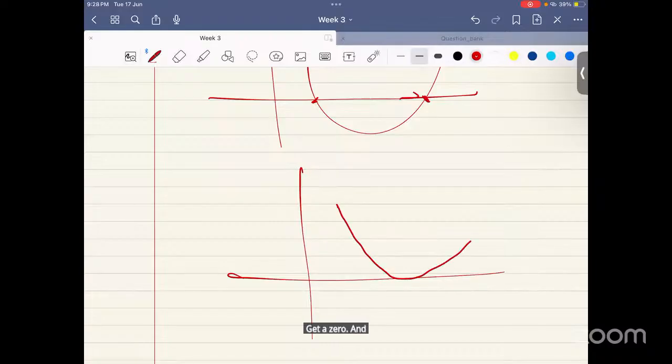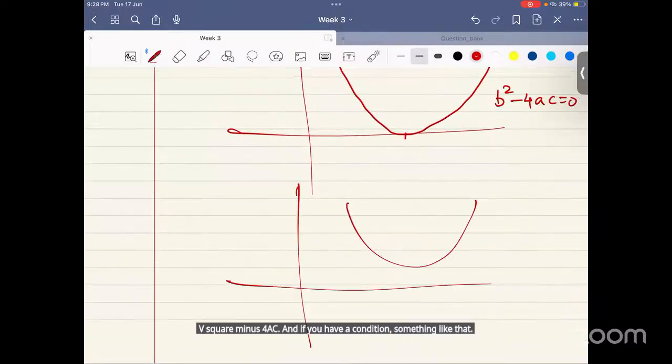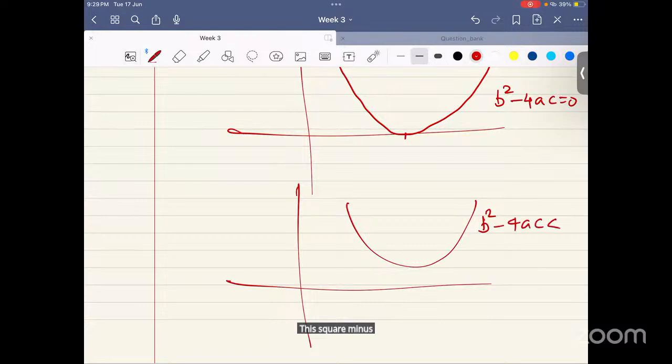And if it is like this, b square minus 4ac equals 0. And if you have a condition like that, b square minus 4ac less than 0. Clear to everybody? Any doubt till now, whatever we discussed?